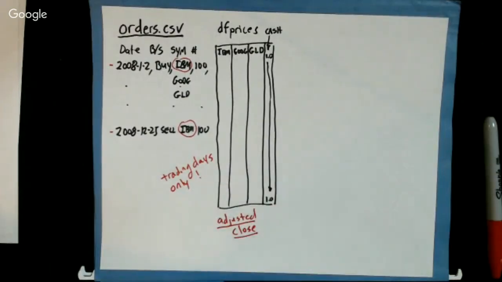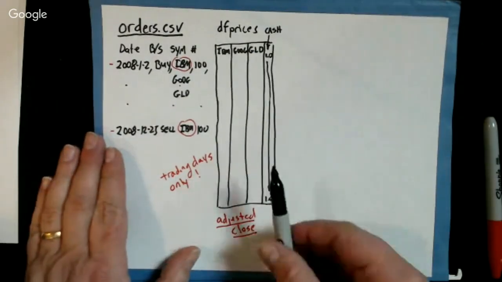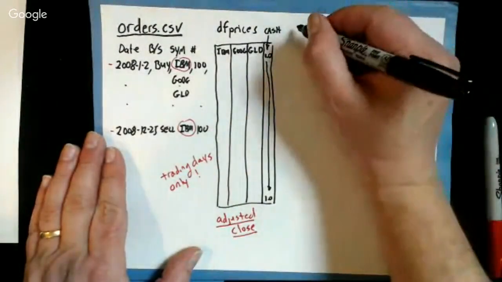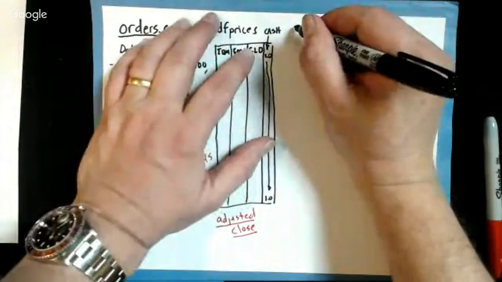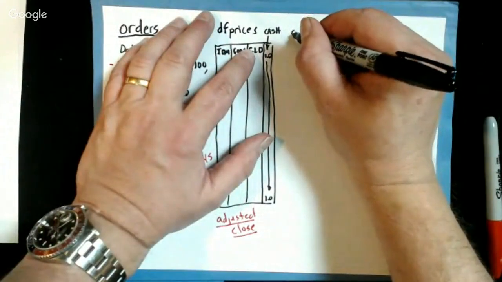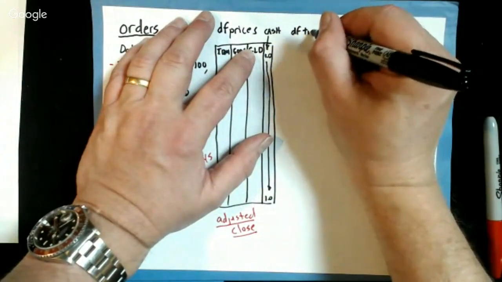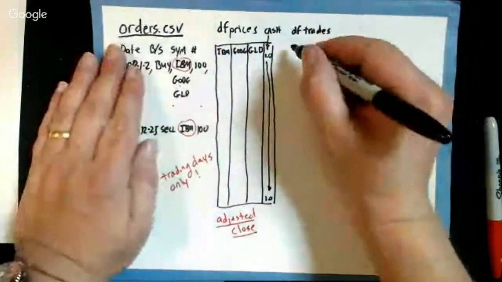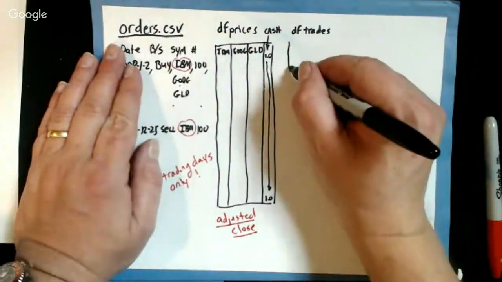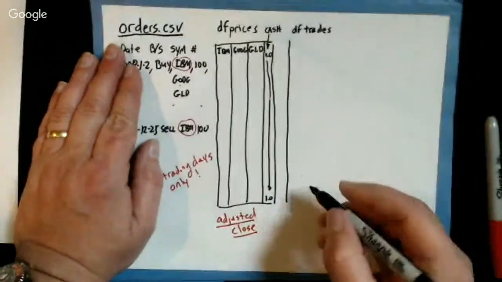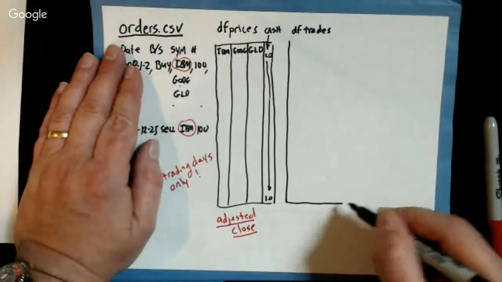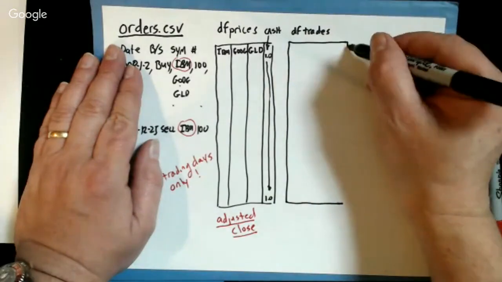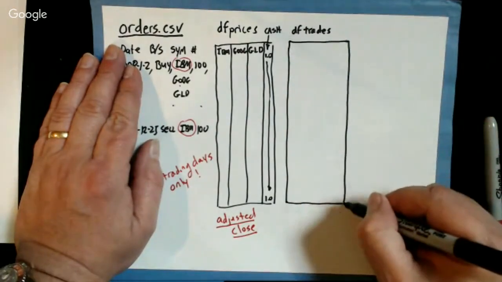The next data frame you can initially create just by making a copy of this one. And let's call it DF Trades. And what this represents is changes in the number of shares on particular days of each of your assets.